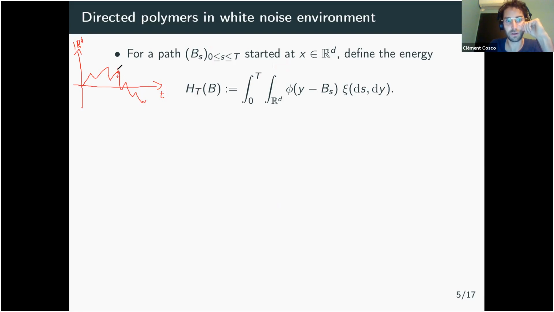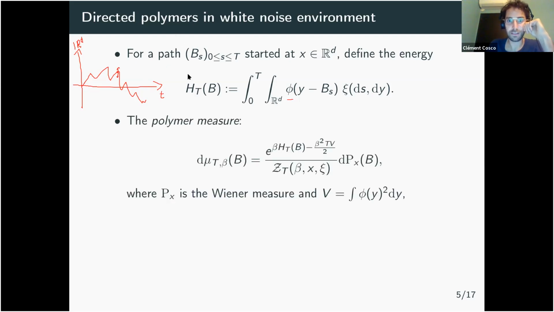You do a small average by this test function phi, which is the same as the phi we were looking at before. And you can define this energy of the path inside the space-time white noise. Then you can define the polymer measure, which is a measure on the path space, and which is proportional to e to the beta times the energy, times the probability under the Wiener measure of the same path B.